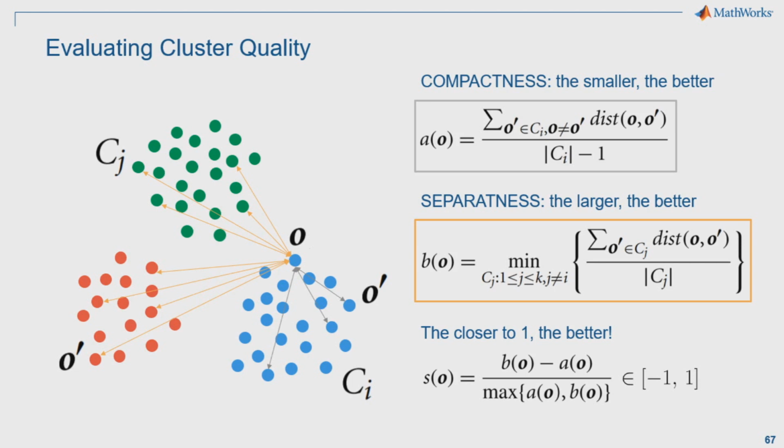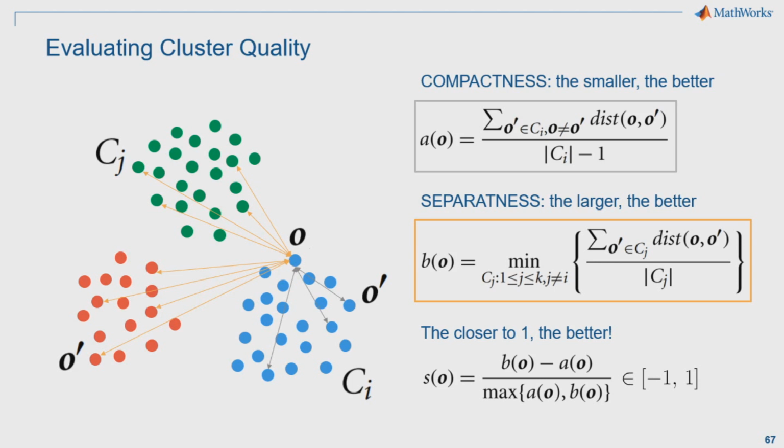Of course, the smaller the compactness, the smaller the distances between these objects belonging to the same cluster are. And this means that we are achieving a better grouping of the objects. Because if closer objects belong to the same class, this is in principle the right way we want our clustering algorithm to proceed.